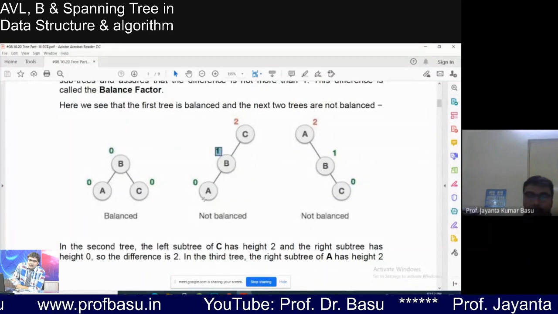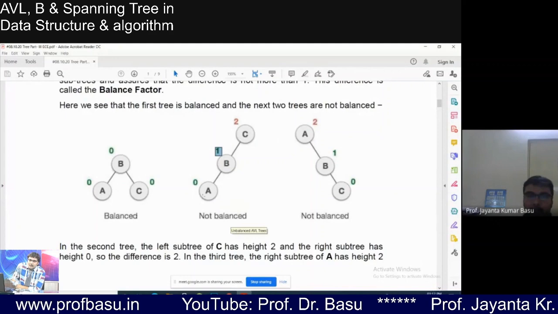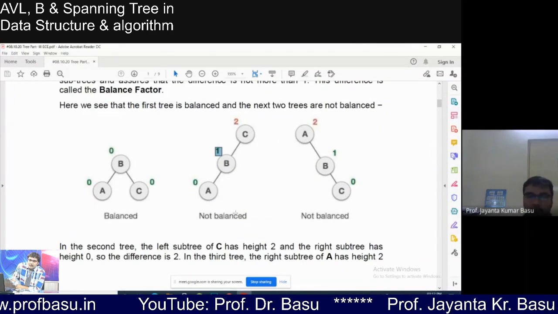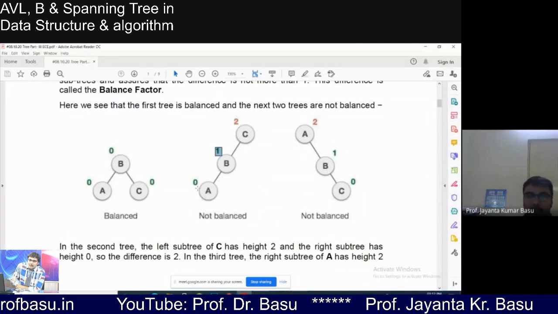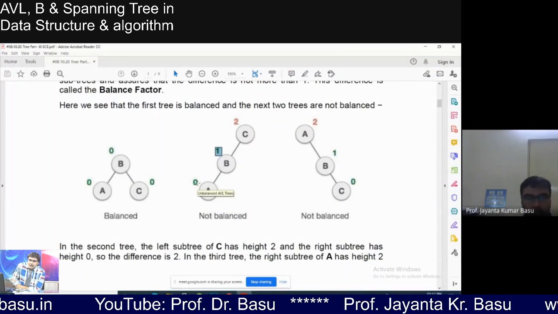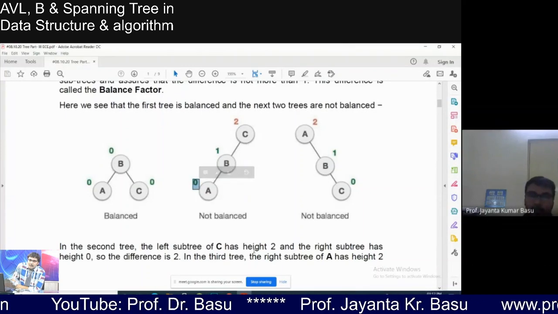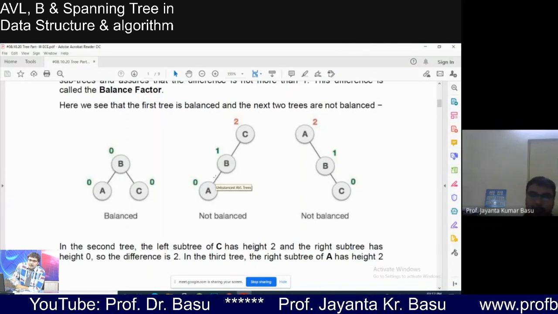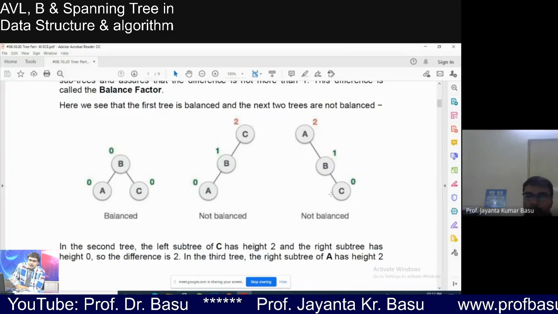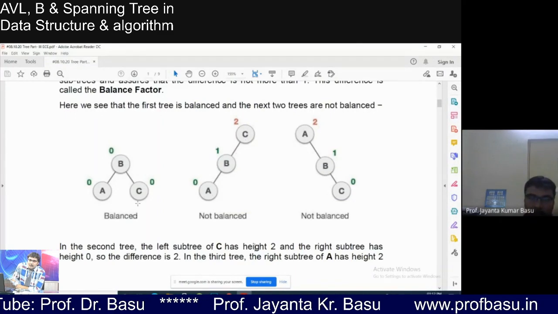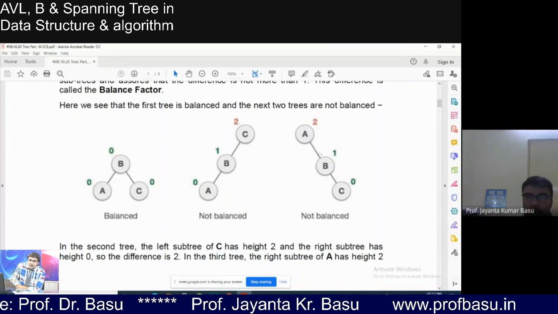For the A, no left child, no right child, so 0 minus 0 is 0. So A is assigned the factor 0. So these are called the factors. You can see which are balanced and which are not. Why it is called balanced or not balanced, I will discuss later.